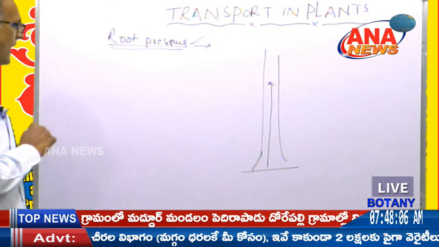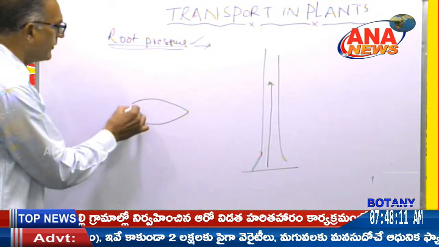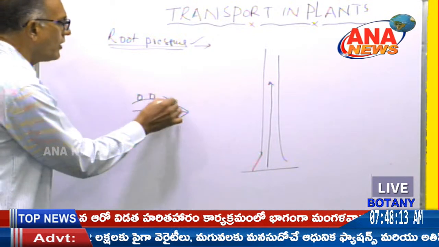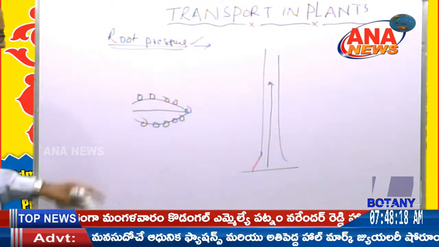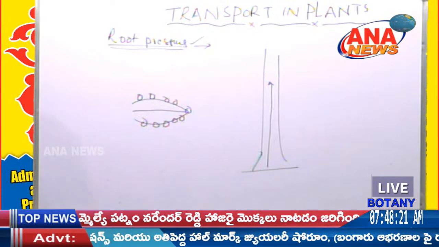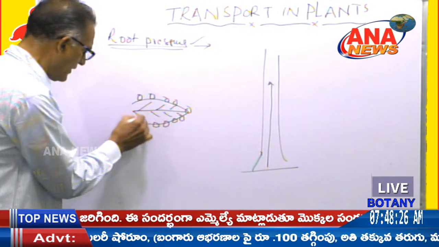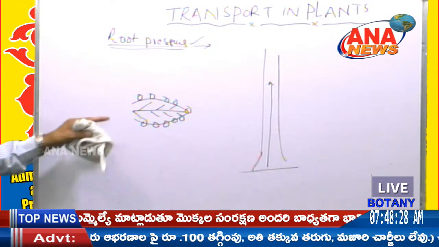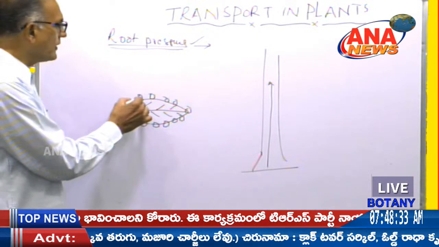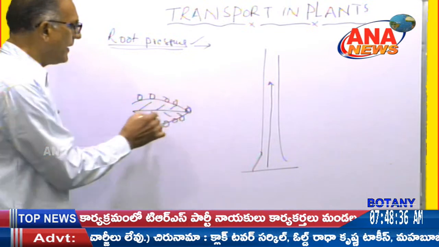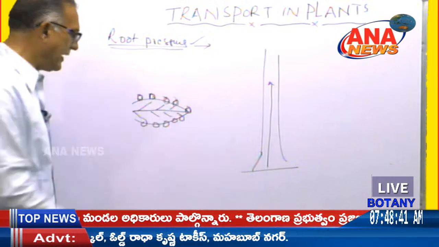In grasses and herbaceous plants, droplets are formed along the margin and at the apex by opening veins.